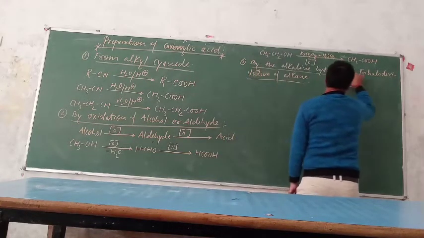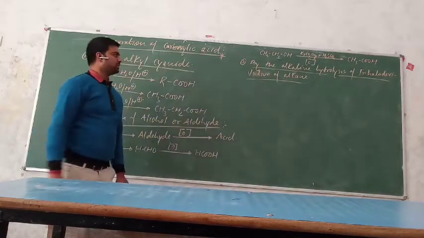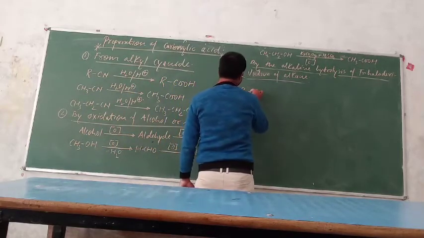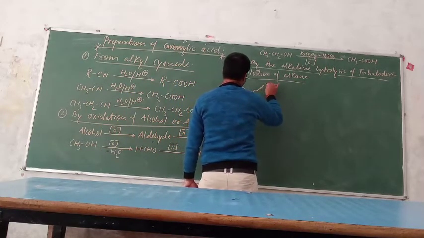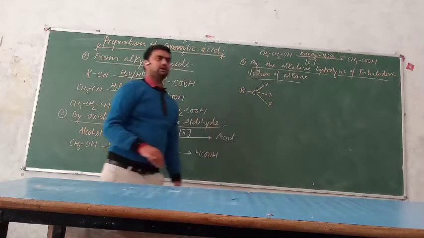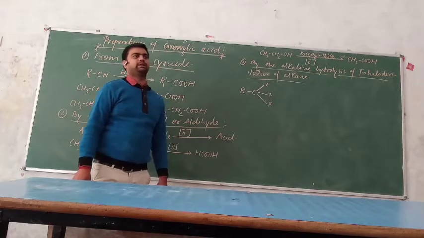When we carry out this reaction, that is the alkaline hydrolysis of the trihalo derivative of alkane, like this, R-C-X-X-X, this is the trihalo or trihalogen derivative of alkane.